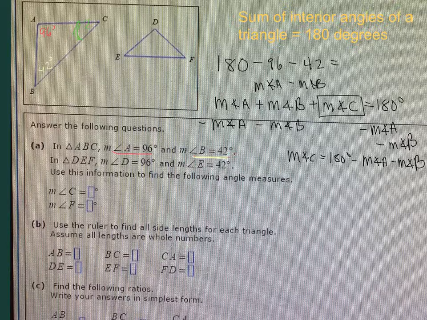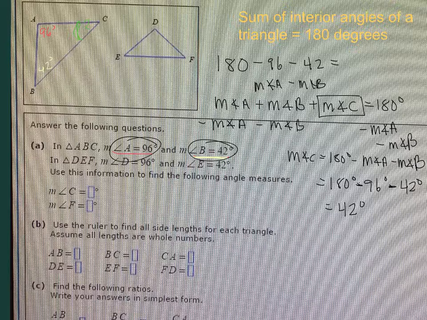Well, what's the measure of angle A? It's 96 degrees, so I'm going to plug that in. 180 degrees minus 96 degrees minus, well, what's the measure of angle B? 42 degrees. So if I do the math, which is just straight arithmetic, 180 minus 96 minus 42 gives us 42 degrees, which is my answer here.